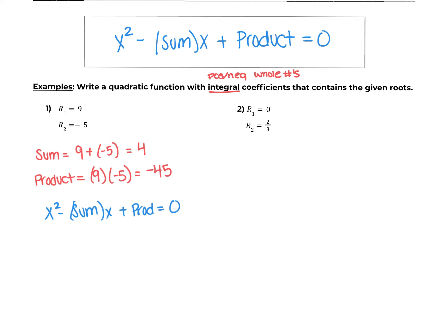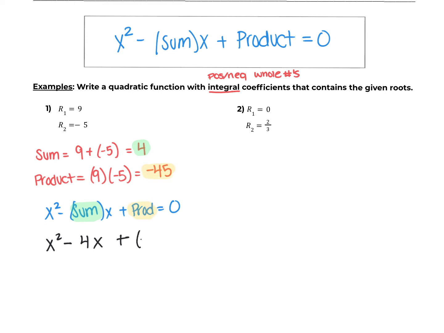So we have x squared minus the sum. We know that the sum is 4, so we're going to put that in here. So minus 4x, we're bringing down this next term, plus the product. My product is now negative 45, so this negative 45 goes in for my product.